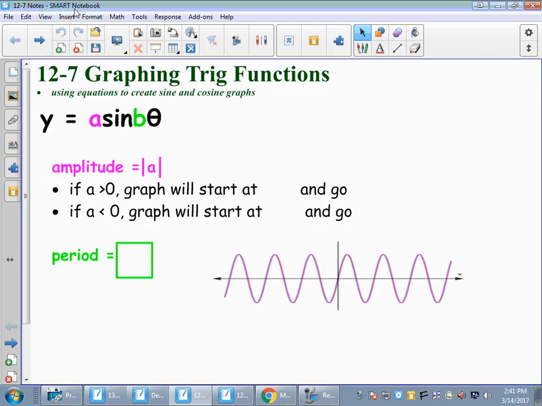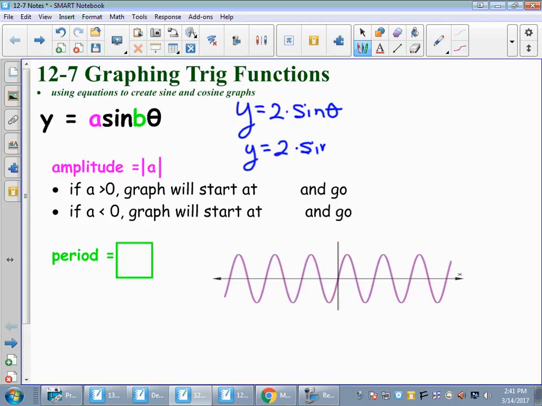We've seen A before in other functions. And so I just want to point out that when you have that number out in front, that A value, let's say it was a 2, when you multiply a function by 2 like that, you're plugging in an angle, a degree, for theta, say 30 degrees. Then you take the sine of that 30 degrees, but then multiply the sine value by 2.